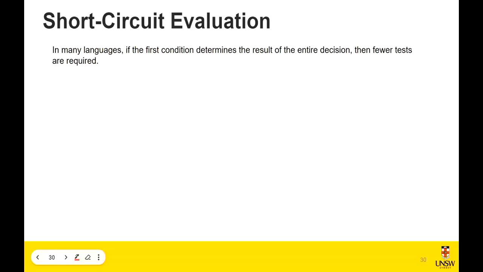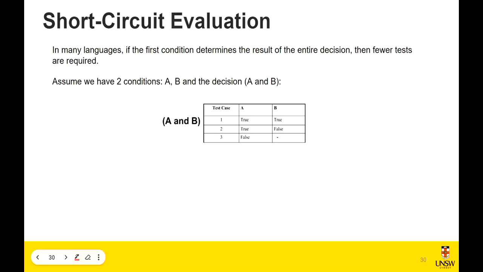For example, assume we have these 2 conditions, A, B, and the decision A and B. In some programming languages, if A is evaluated as false, then the program won't check the value of B. So the value of B is not checked.